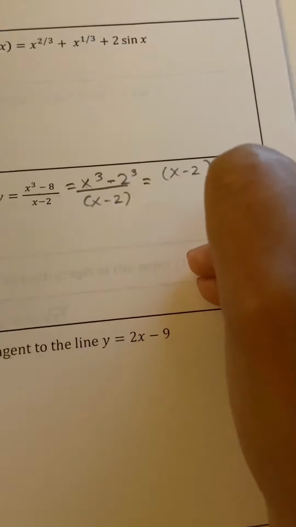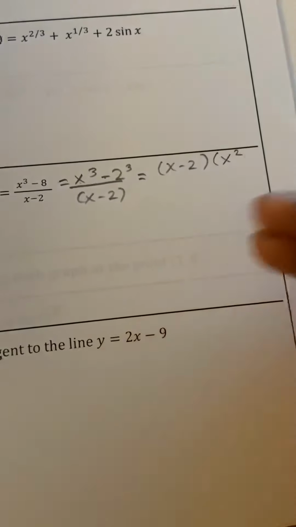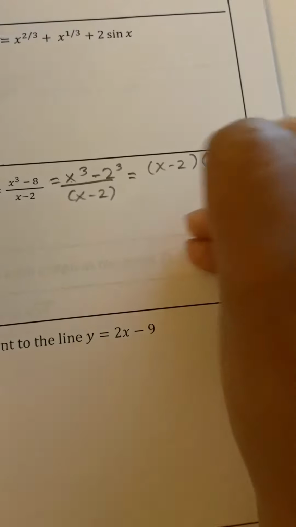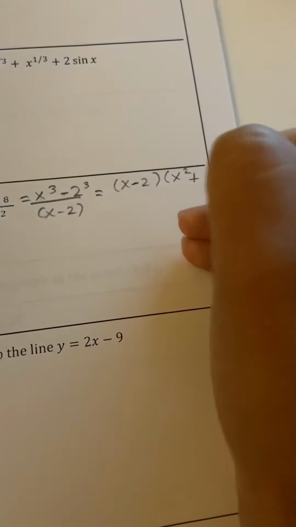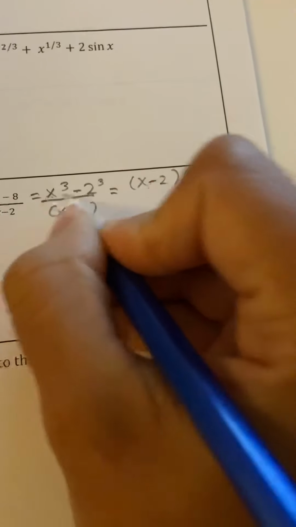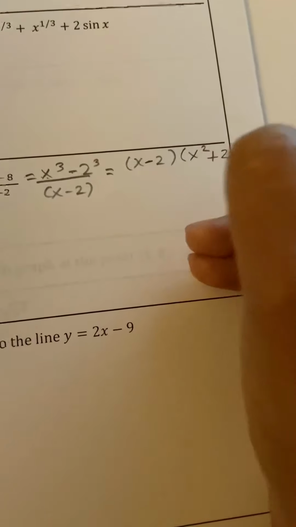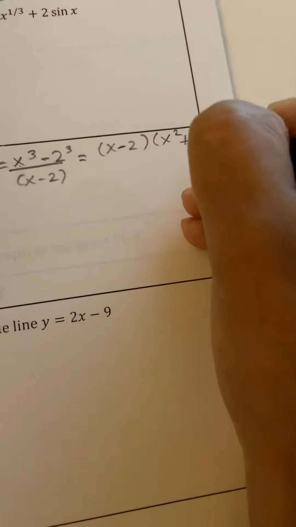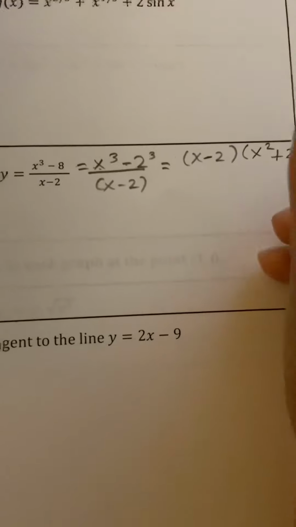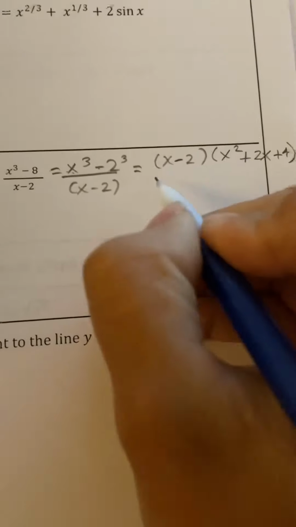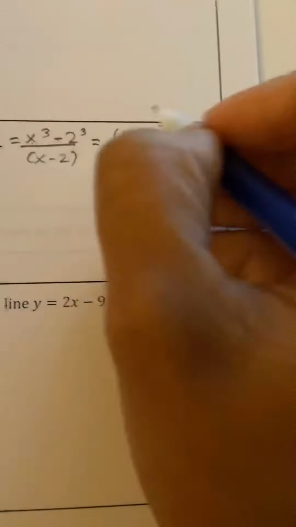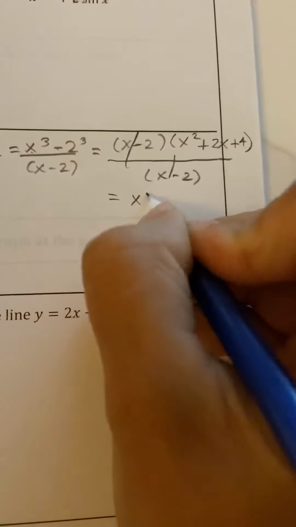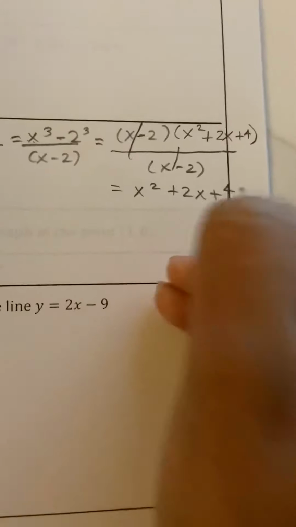And then you would have x squared, the opposite sign of whatever you're doing. So here it'll be x plus these two multiplied, so 2x. And then you always add at the end the second term squared, and 2 squared is 4, all over x minus 2. Okay, x minus 2 cancel, so this is what you have left, x squared plus 2x plus 4.